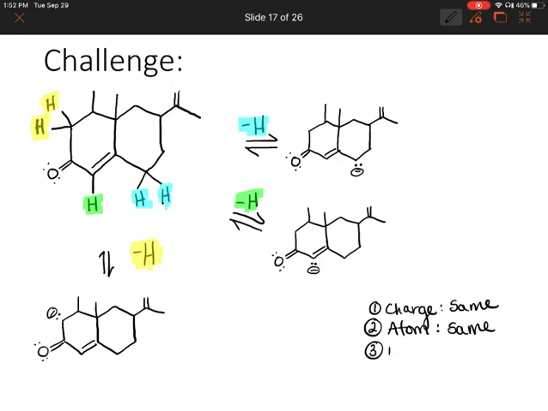Okay, so third, we're going to think about resonance. Let's look at our conjugate base at the top of the page. So if we lose a blue hydrogen, does the resulting structure have any resonance? Yes.